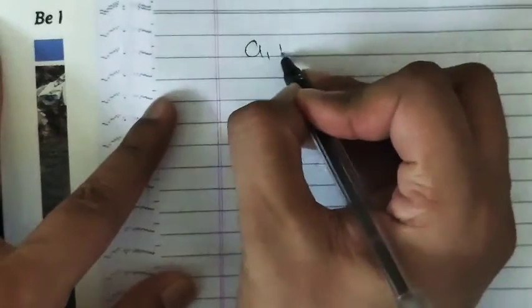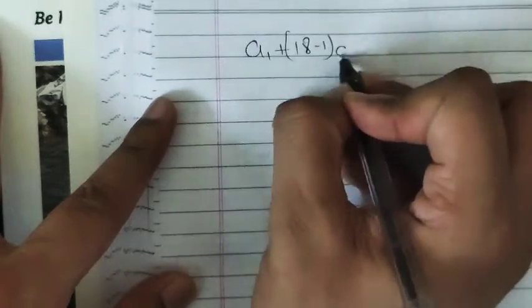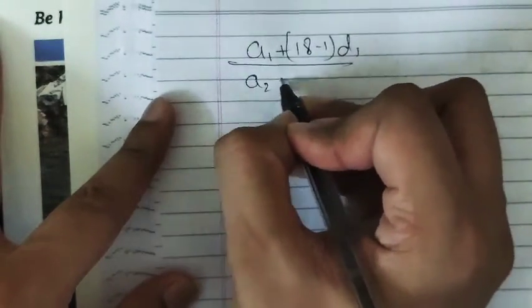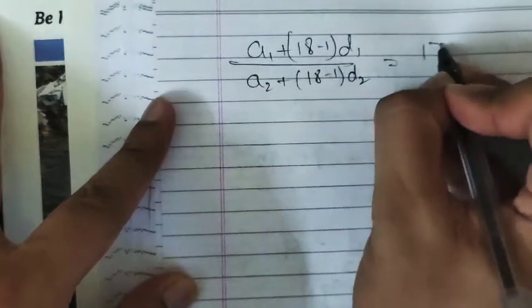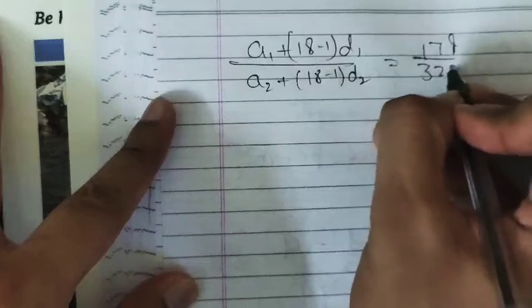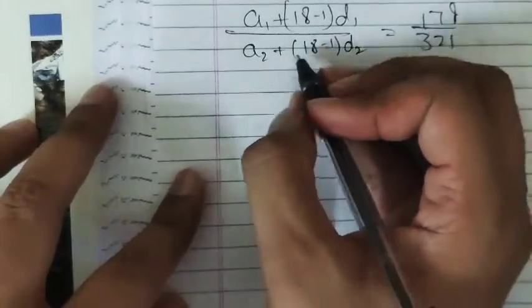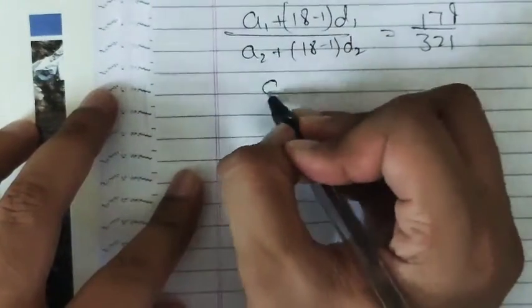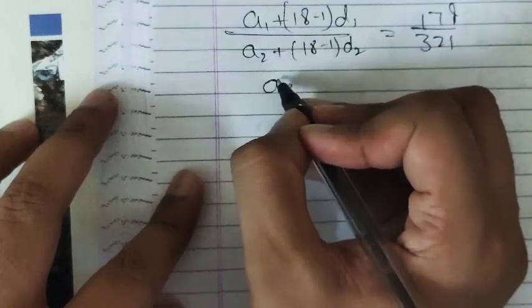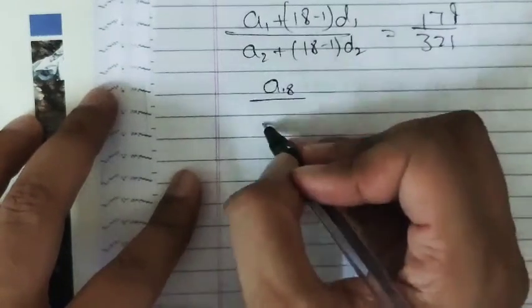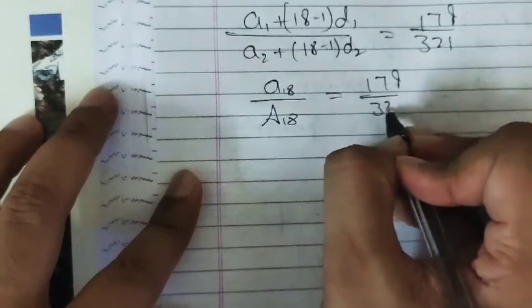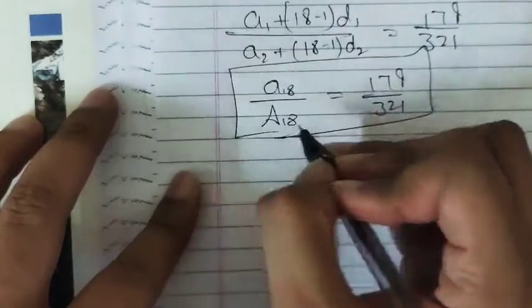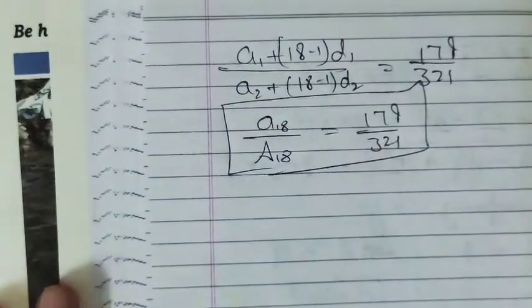So a1 plus 18 minus 1 d1 upon a2 plus 18 minus 1 d2 is equal to 179 upon 321, right? So this is what a18 upon this is what a18, 179 upon 321. So this is our required ratio, right?